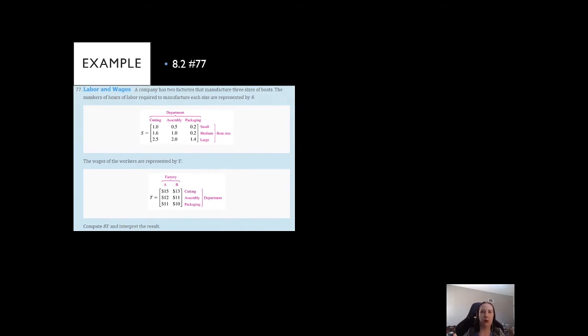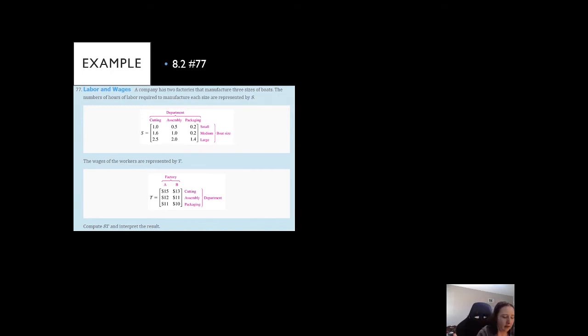So rows are boat size. Then we've got a second matrix. The wages of the workers are represented by T. So we've got each factory and then those different departments. And so we're multiplying S times T and then again interpreting the results.